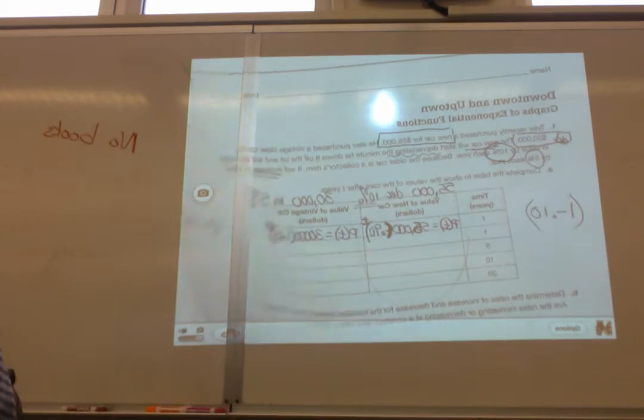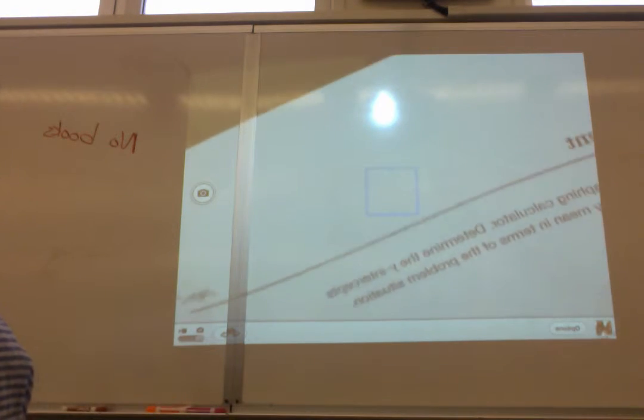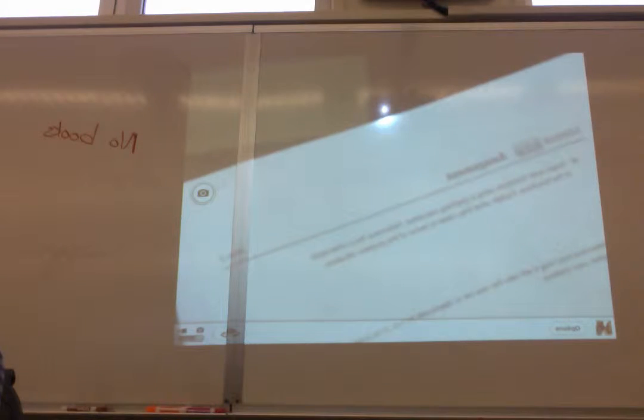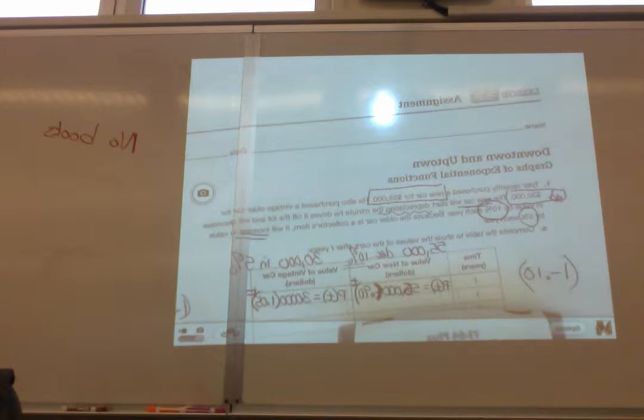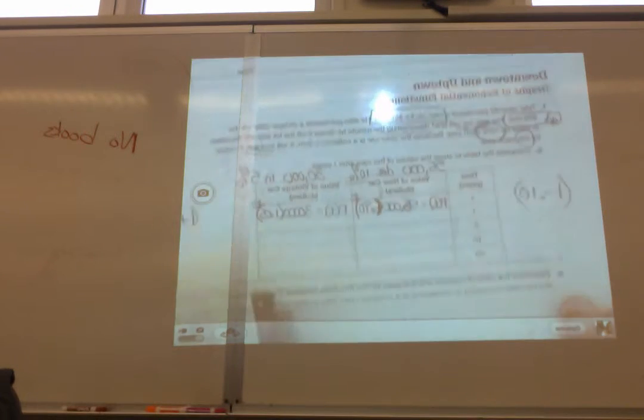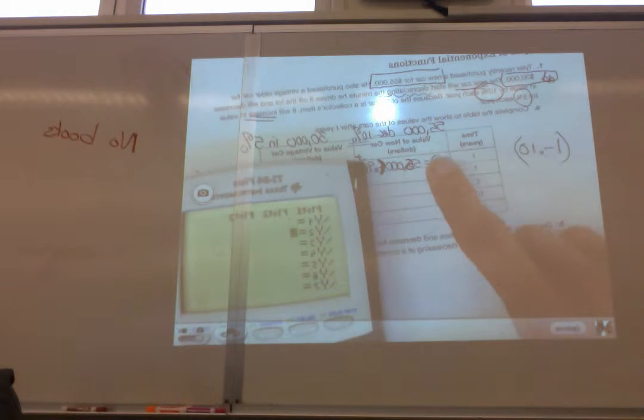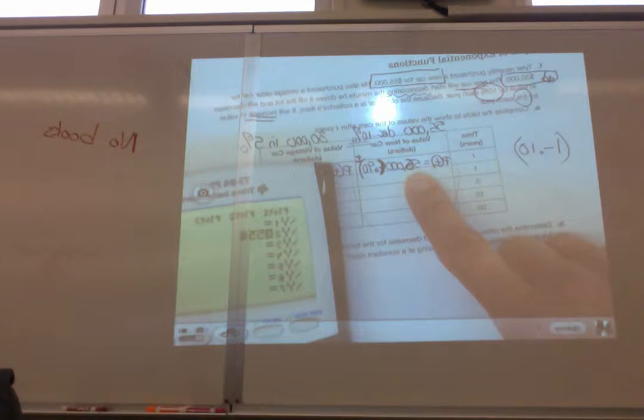Now I believe on the next page we needed a graph. Graph both the functions using a graphing calculator. Determine y-intercepts of the function. So I'm going to go into y equals, clear out the functions that are there. The first one I'm going to put in 55,000, parentheses, 0.9, parentheses, raise it to an x.